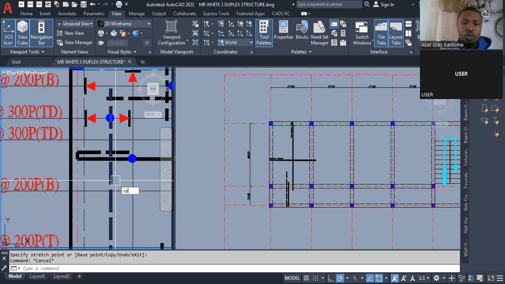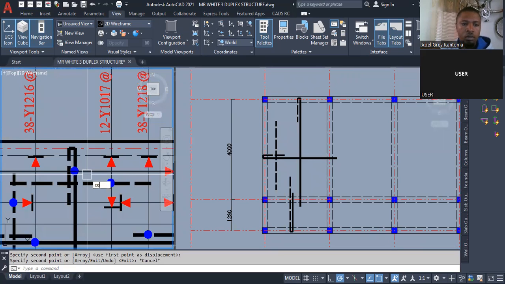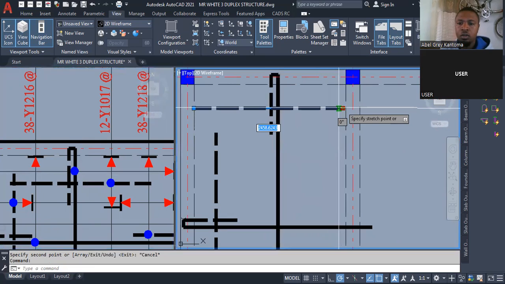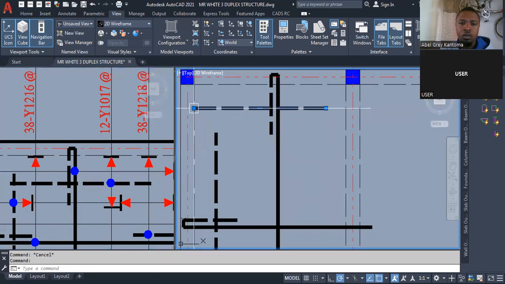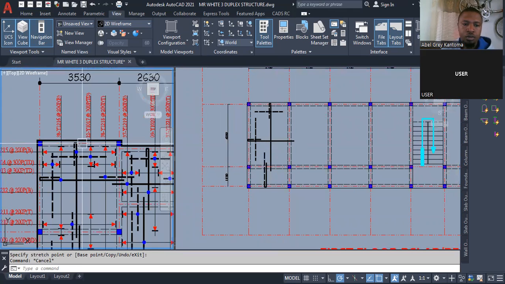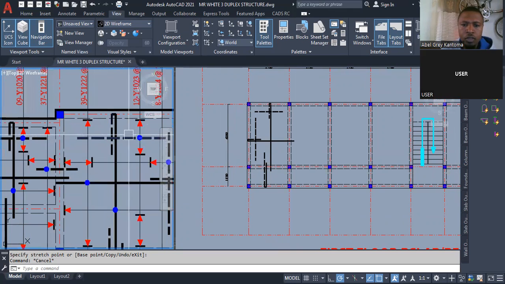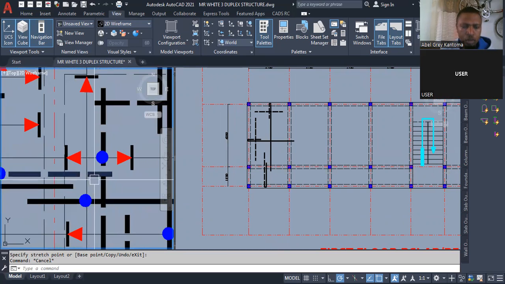So you always put your top distribution bar. Okay, let me put my top bar.